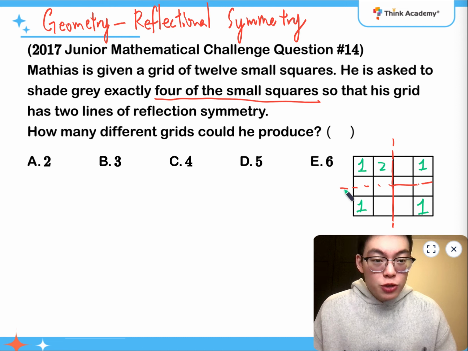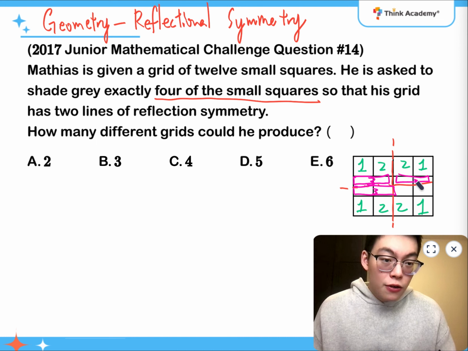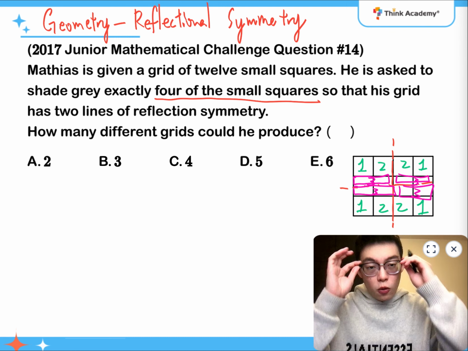If I'm shading 2, I'll be shading all 4 of these. But what about the 2 half squares? These 2 half squares add up to 1 square altogether. And if I'm doing that, I will be shading in those 4 parts as well to make 4 squares altogether.